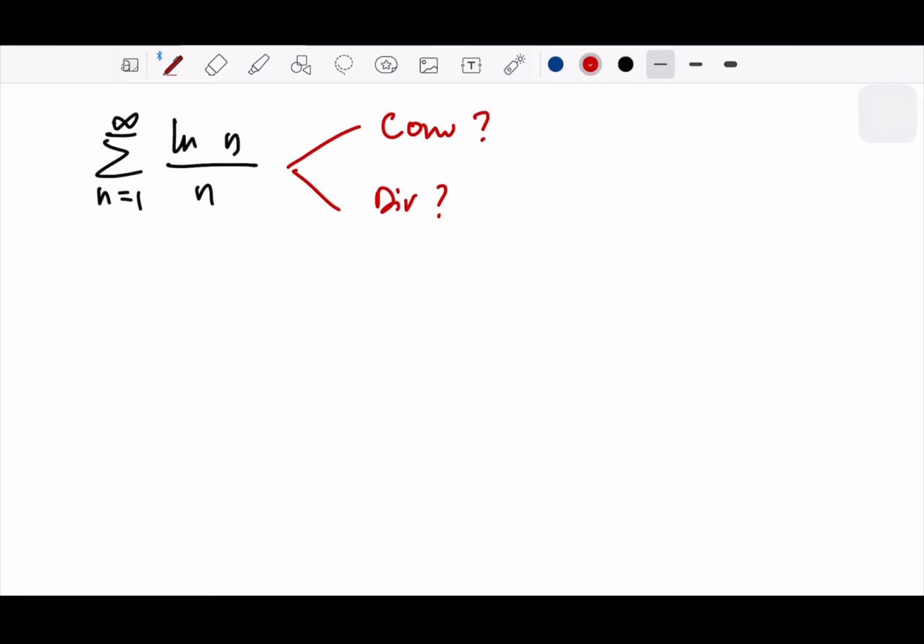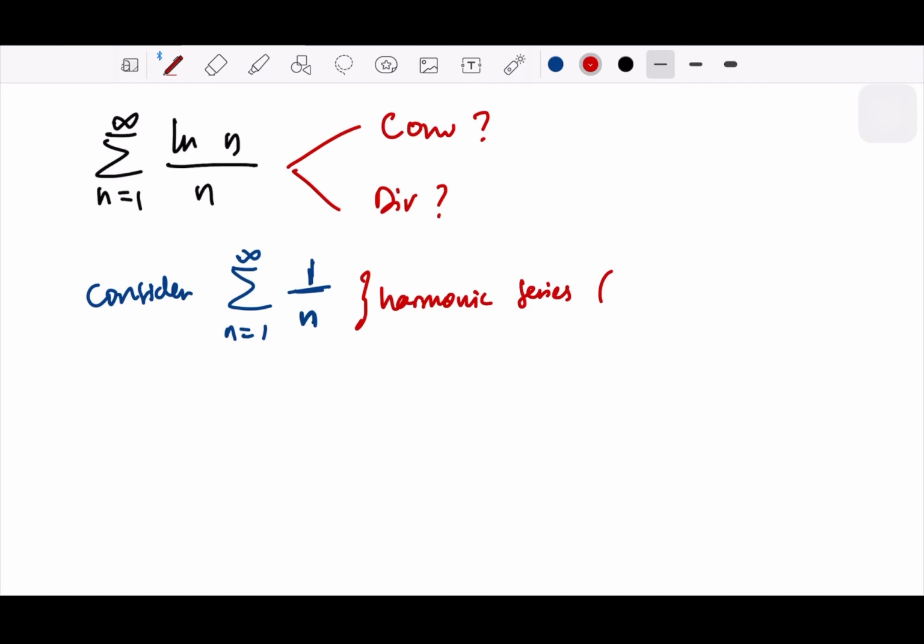Or if we check using the direct comparison test, we can do that as well, because we can consider the series of 1 over n, or we call this the harmonic series, which diverges. If we consider this series, then we need to make a statement that proves our inequality.